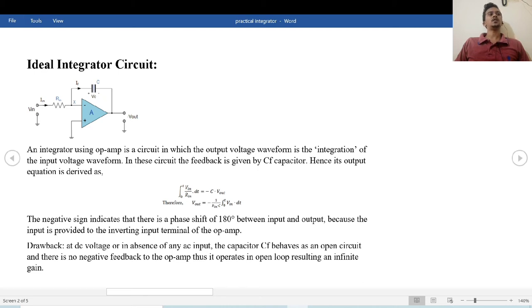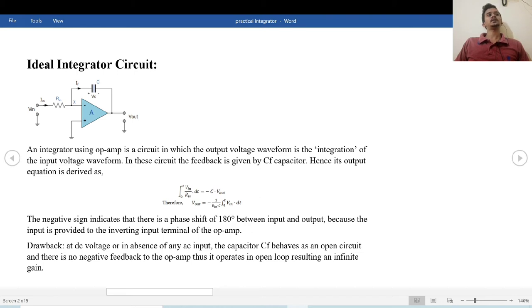Hence the output equation is derived as minus 1 by Rin into C, integration from 0 to T of Vin dt. The negative sign indicates that there is a 180-degree phase shift between the input and output, because the input is provided to the inverting terminal of the op-amp.